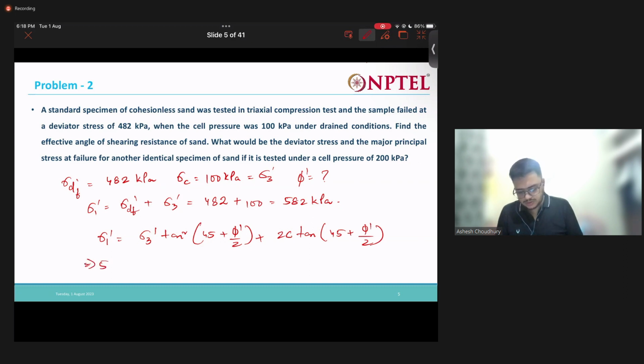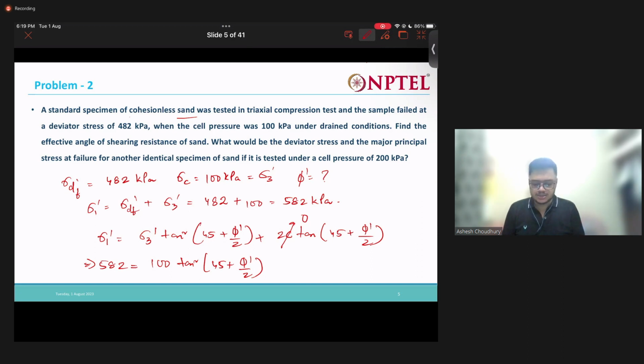So this we know, put here. This is 100 tan square (45 plus phi by 2), and c is actually 0 because it's cohesionless sand, mentioned in the problem. That means c is 0. So if we solve this, we will get our phi dash as 44.1.